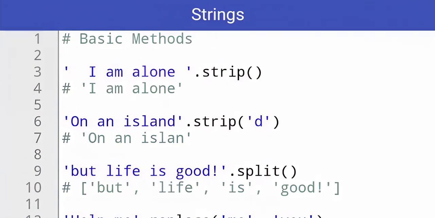The very first one we're going to look at is the strip method. With this method, we're basically going to remove all the white spaces. Any white space at the start of the string or at the end of the string will be removed, and it will look something like this.